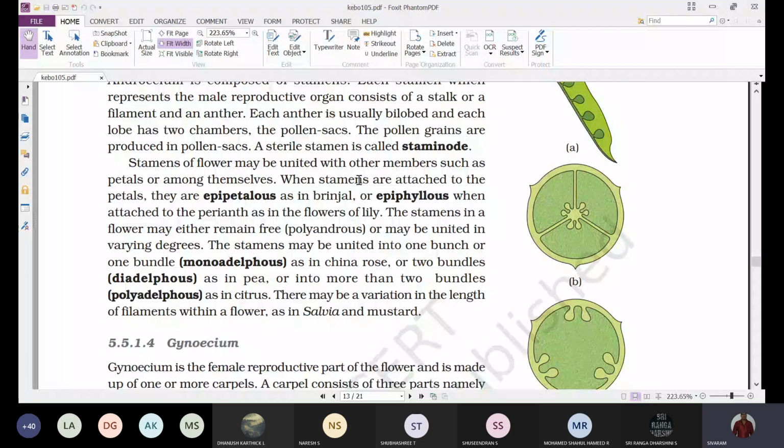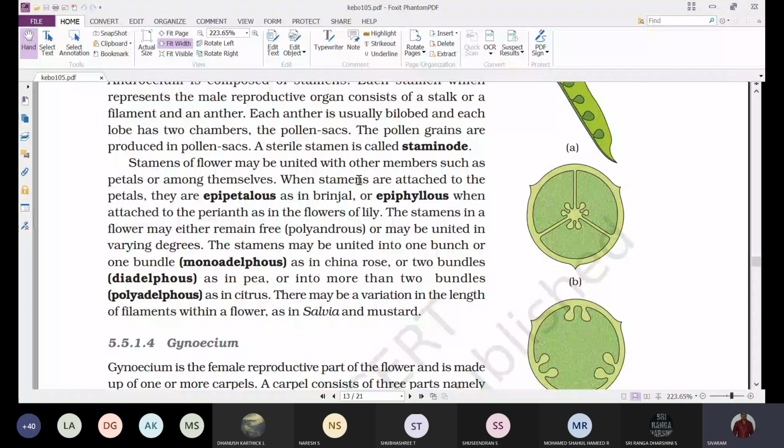That means the filaments of the stamens get attached with the petals of the flower, as in brinjal. In Datura also we can observe it.